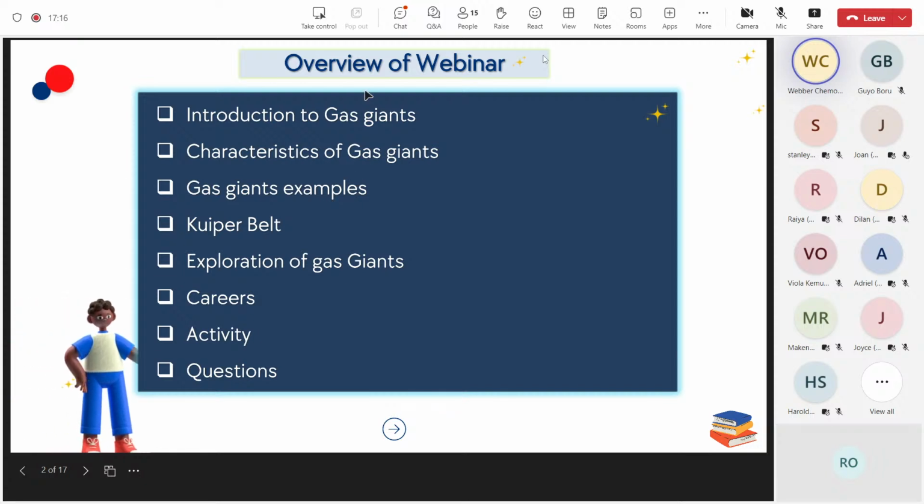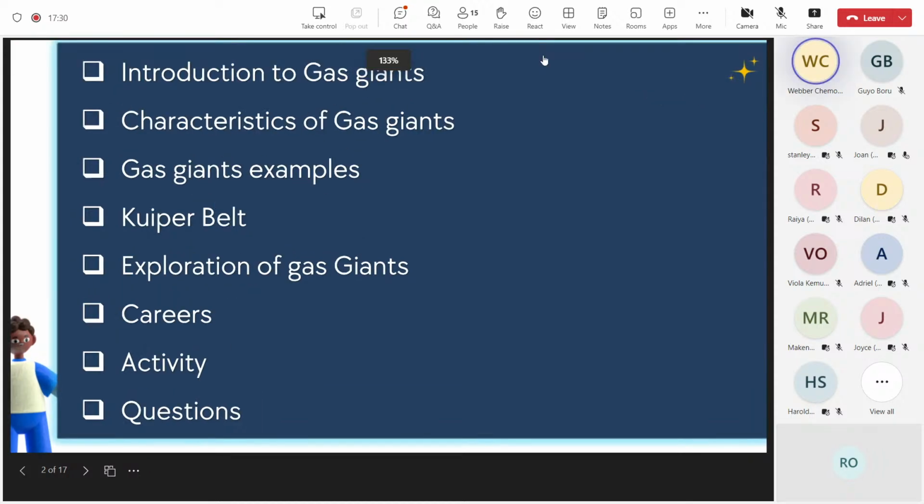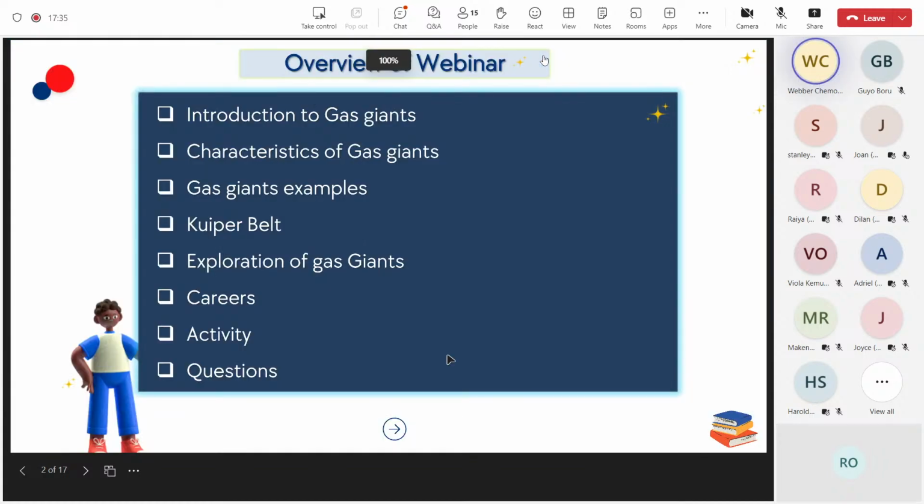Now, what we're going to cover today, as you can see, we're going to look at the introduction to gas giants. Sorry for the delay, we have been handling some technical problem. We shall also look at the characteristics of gas giants.